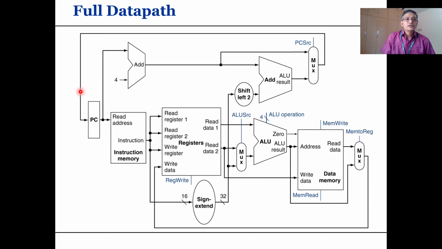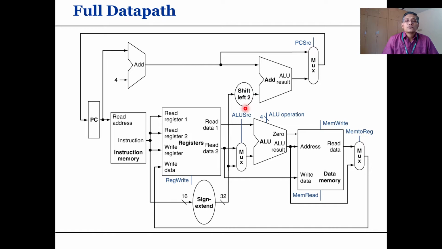So this is going to be the full data path, up to the branch instruction which we have implemented. This particular part is the PC with the adder, so PC equals PC plus 4. This is the instruction memory. This is the register set, and this multiplexer we have just understood the purpose of.